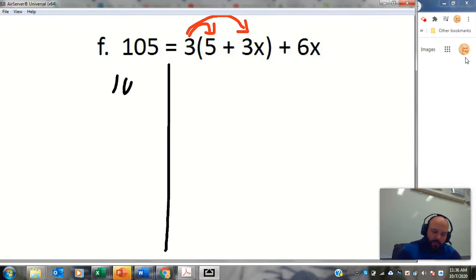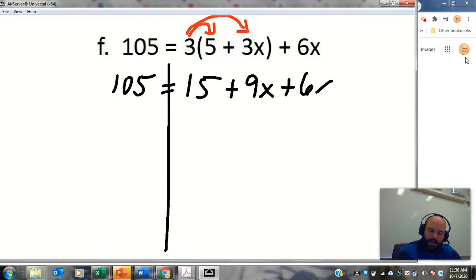And so we're going to have 105 equals 3 times 5 becomes 15. 3 times 3x becomes 9x. And then we have the 6x that just drops straight down like that. So you're always working with the left-hand side and the right-hand side separately until we have them completely condensed as far as they can go.